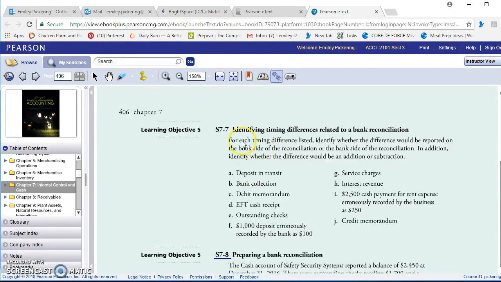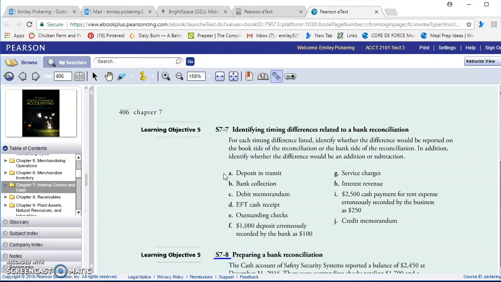All right, so let's talk about 7 for a minute because this is the first part of the bank reconciliation. A bank reconciliation, I think, can be confusing to a lot of students. What happens is you get a bank statement from your bank for, let's say, February 10th. You get a bank statement as of January 31st, and it has an ending cash balance.